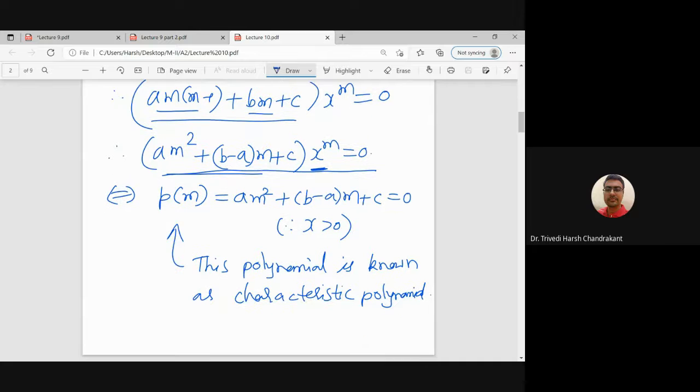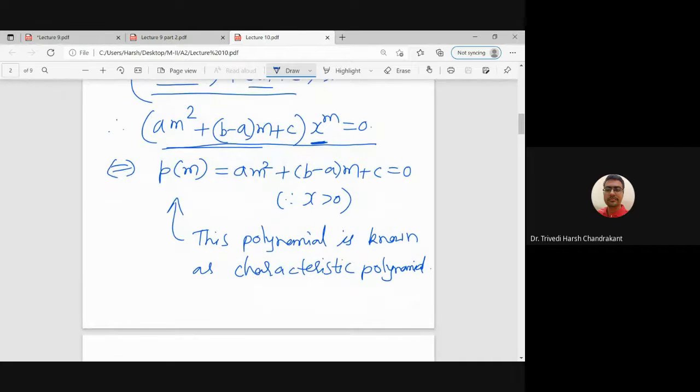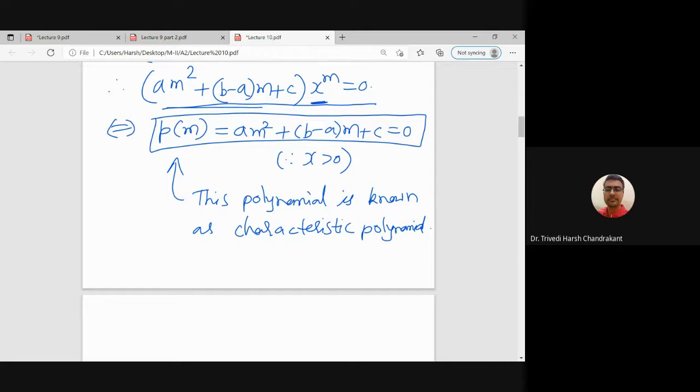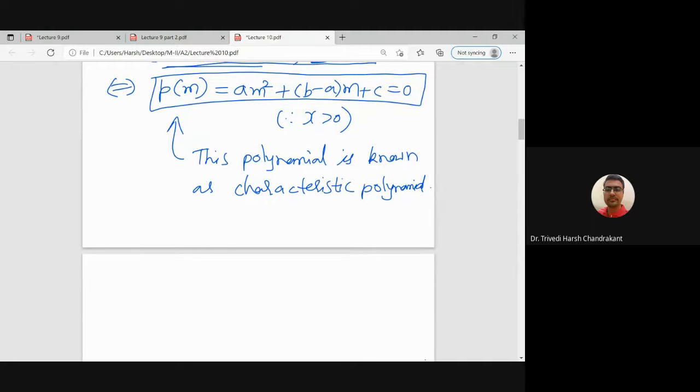The same way here we are getting a polynomial that is helping us in finding the solution. So again, in this case also we will take different cases: whenever this polynomial has two identical roots, two different real roots, and complex conjugate roots. So let us start with the first case.